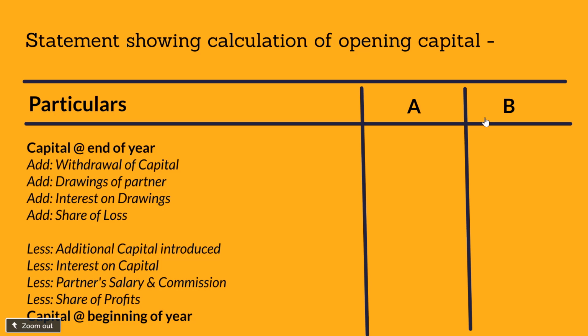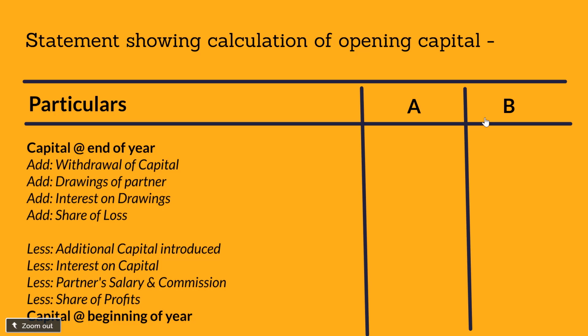The following amounts are to be subtracted or deducted in order to get the capital at the beginning of the year. The additional capital introduced, interest on capital, partner's salary and commission, and the partner's share of profits.